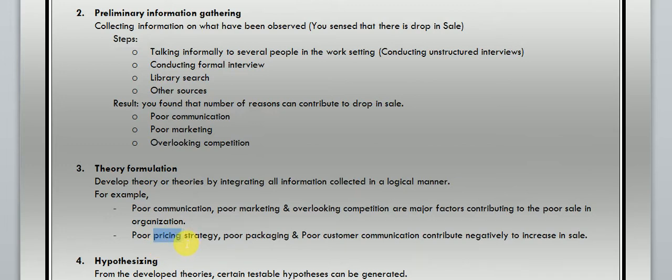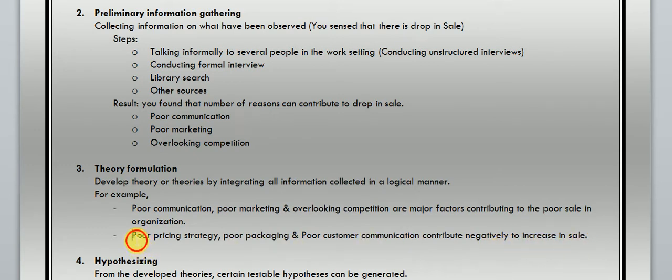Why? Because if you try to compete in the market, you should select a pricing strategy through which you can compete and increase your sale. So that is why you can develop a theory about the pricing strategy, and also poor packaging from the information on poor marketing. Why? In poor marketing we may have lots of factors, and one can be poor packaging, and also poor customer communication contributes negatively to an increase in sales.